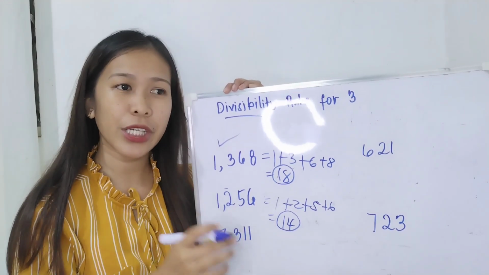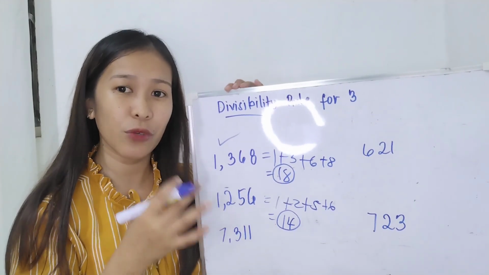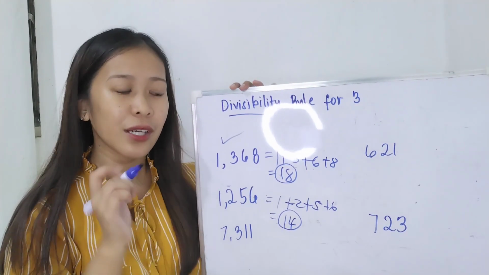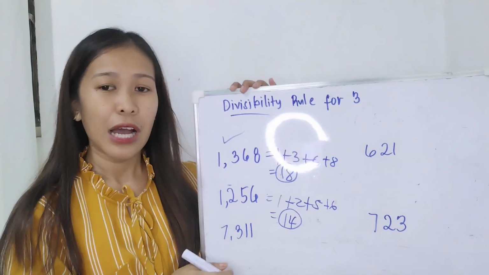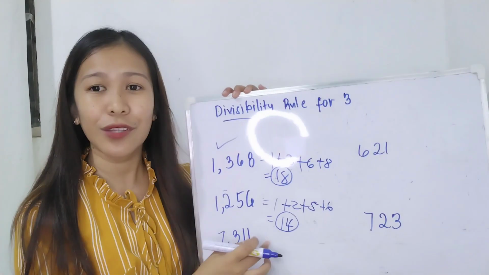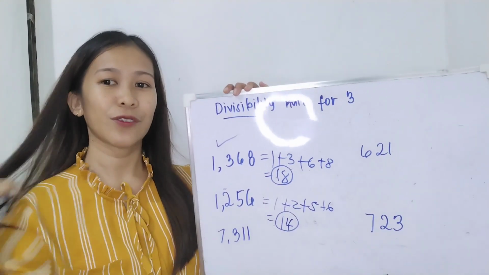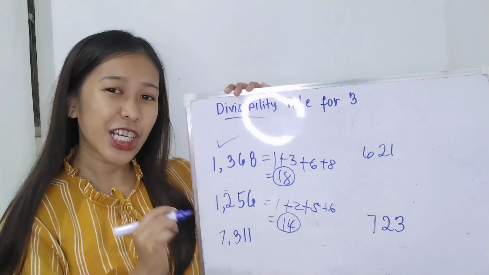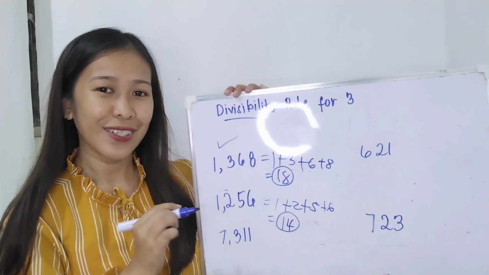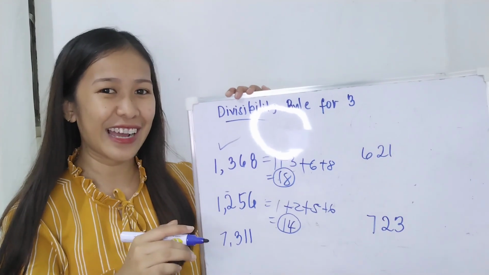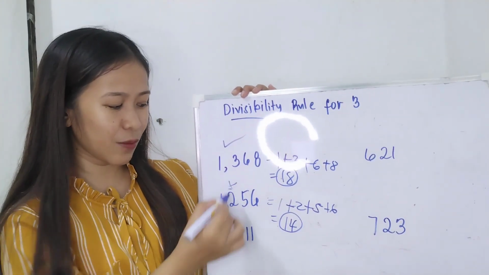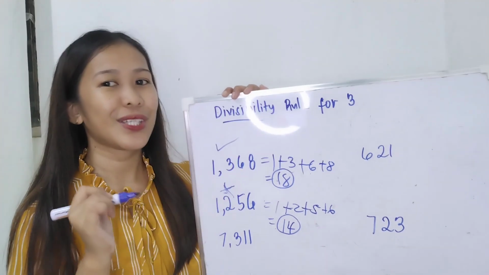When you go back to the multiplication table of 3, all the products in there are the multiples of 3, like 3, 6, 9, 12, 15, and 14 is not divisible by 3. So therefore, etong 1,256 ay hindi kasya sa inyong tatlong magkakapatid. Hindi eksakto. So, it is not divisible by 3.